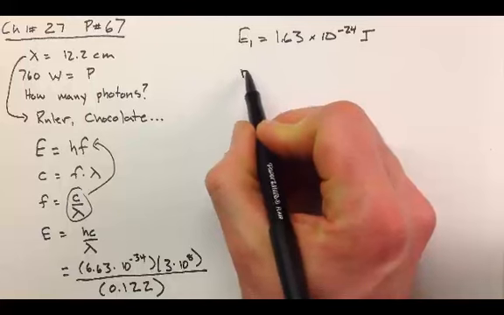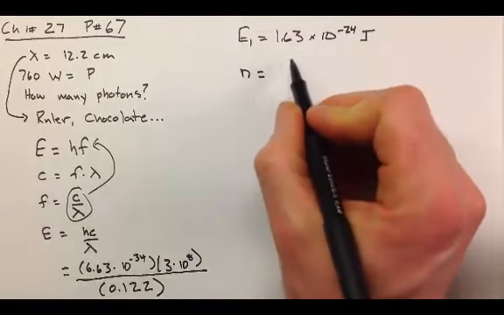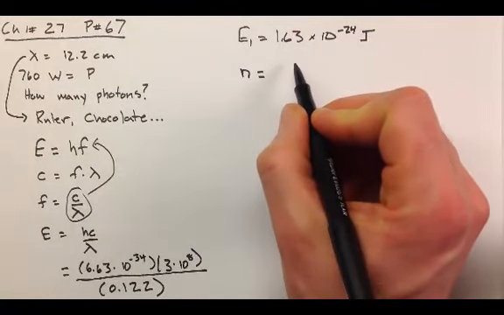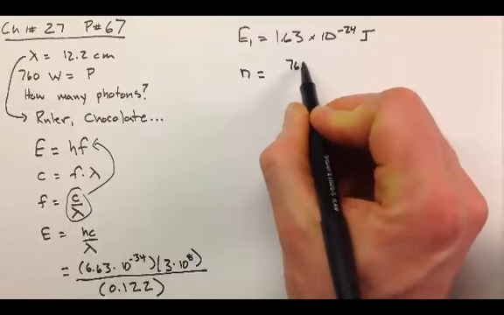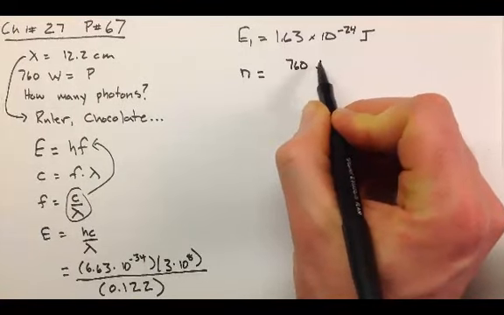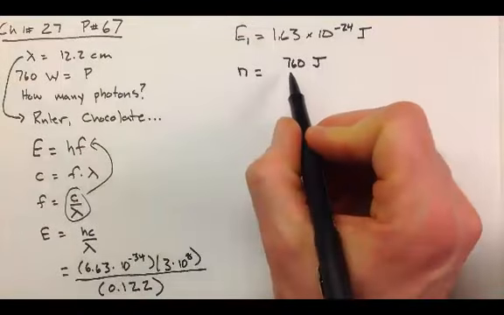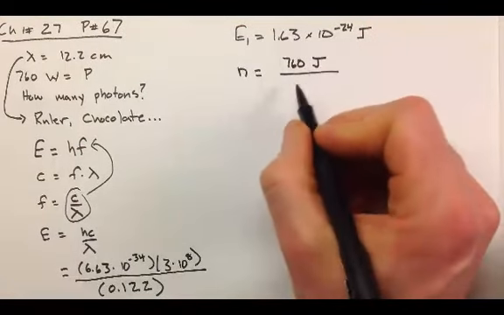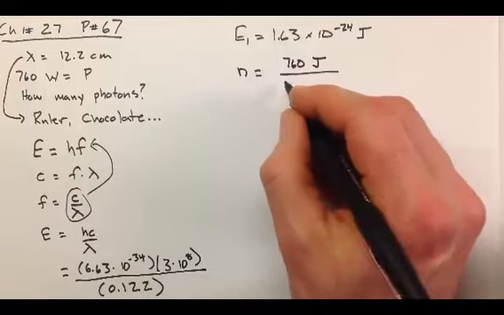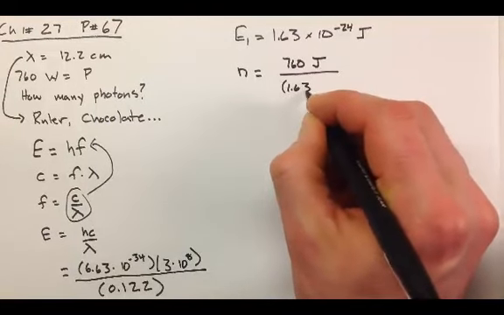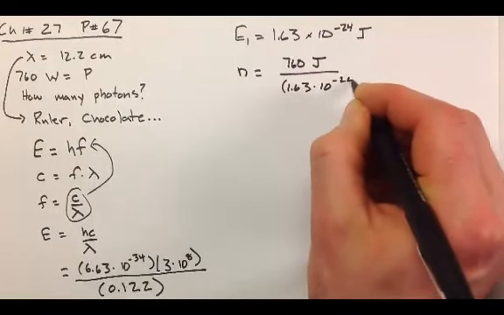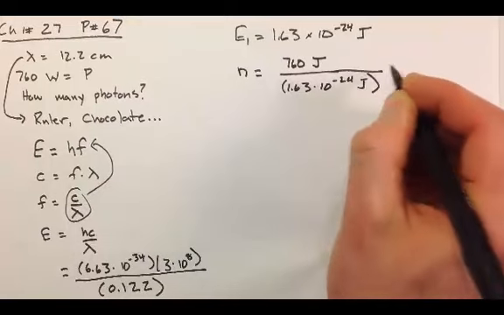So if we wanted to figure out the total number of photons produced in 1 second, we would have to take the total number of watts, or joules per second, divided by the energy in one photon. So that would be the 1.63 times 10 to the minus 24th joules, right?